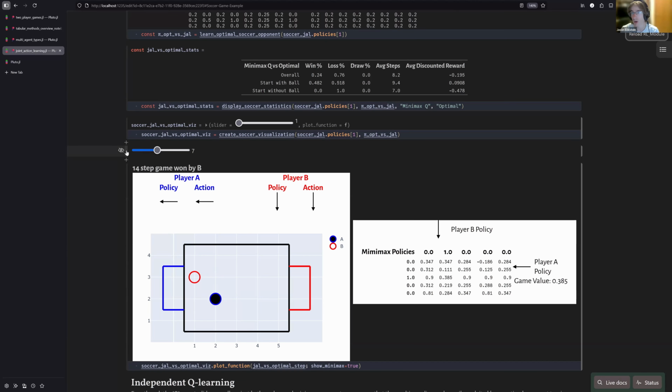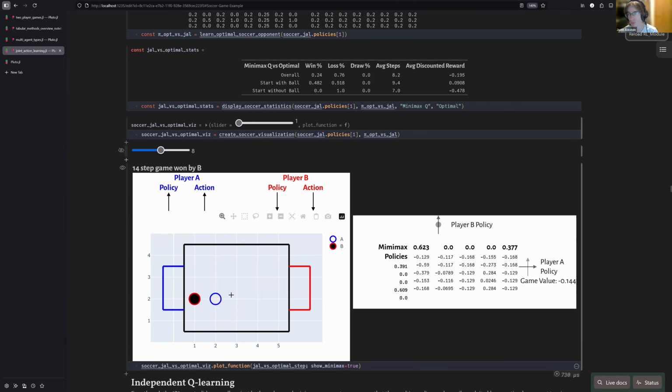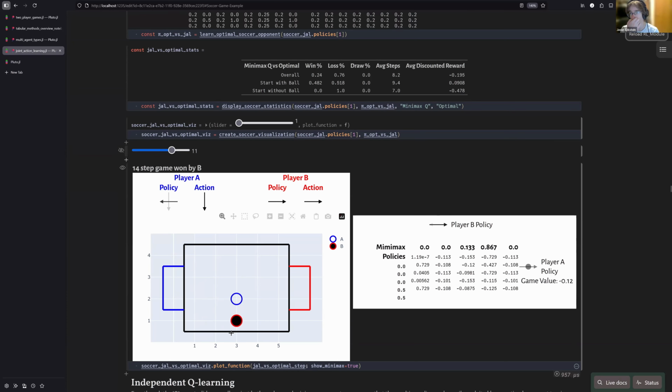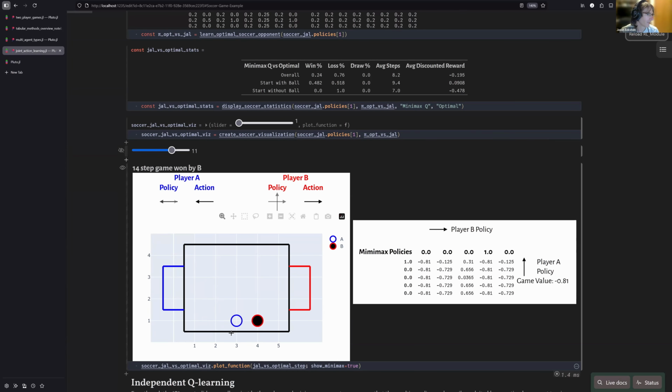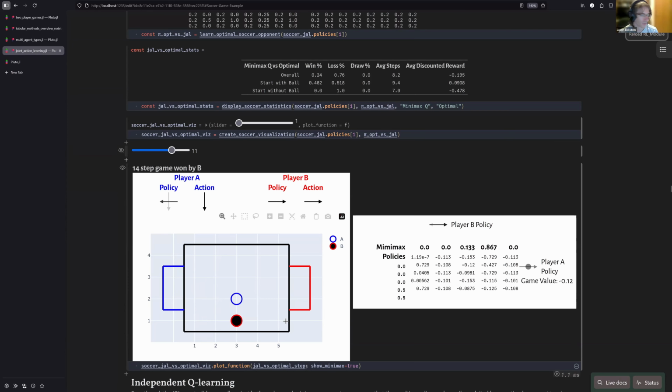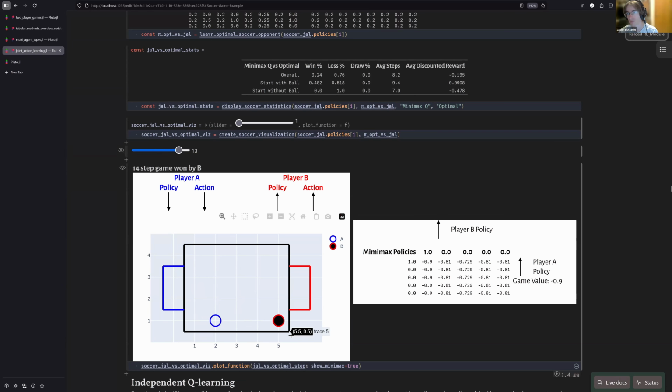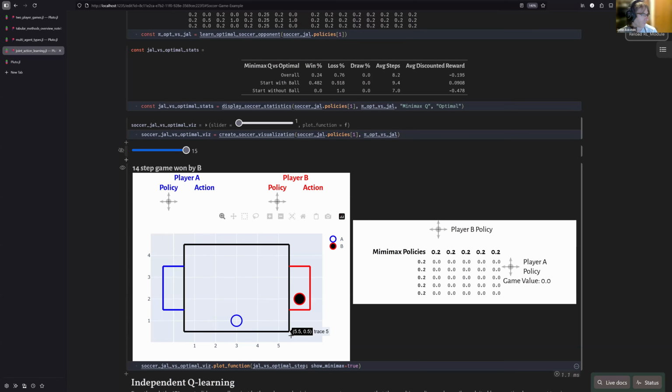Really, when A starts with the ball, it's not that weird. It's kind of the same as what happens with the minimax solution. But once B has the ball, then it starts doing weird stuff which exploits the blind spots of A. Like here, B is moving along the bottom of the field because it knows that A doesn't know how to deal with that, because it's converged to something where it hasn't seen enough of those scenarios.